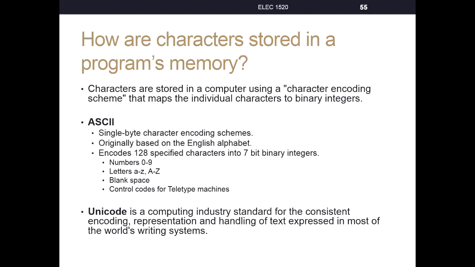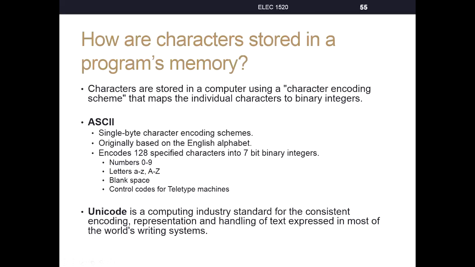The one encoding method is called ASCII. It's a single byte character code, so single byte meaning 8 bits. It was originally based on the English alphabet, and it encodes 128 specified characters into 7-bit binary integers. So they only use 7 bits, right?